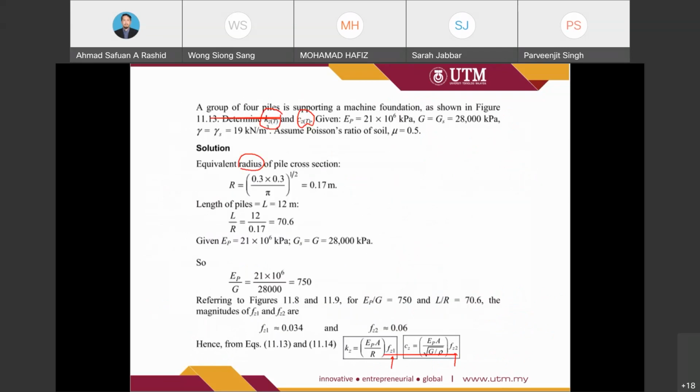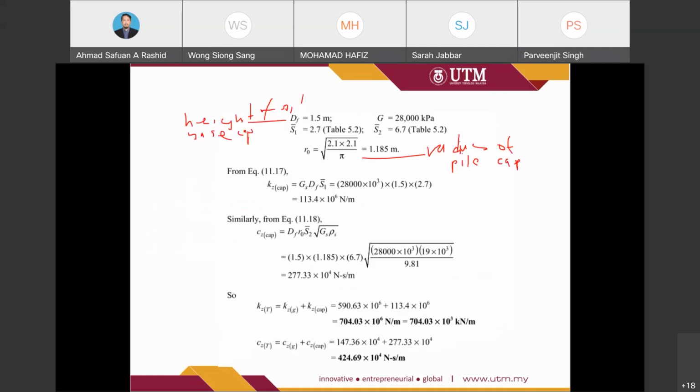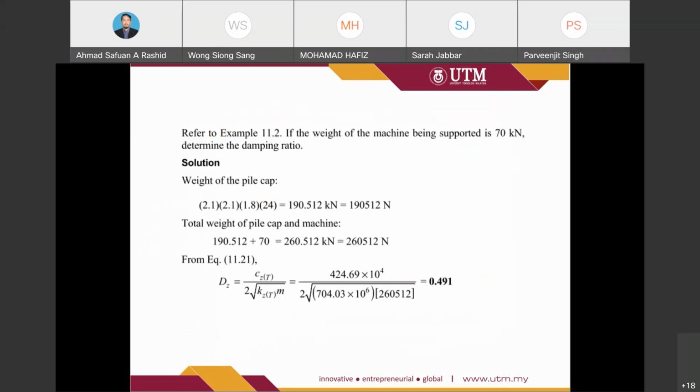So the M has been given as 70. We need to identify the weight of the pile cap, which is 190.512 kilonewton, and the total weight of the pile cap and machine is 260.